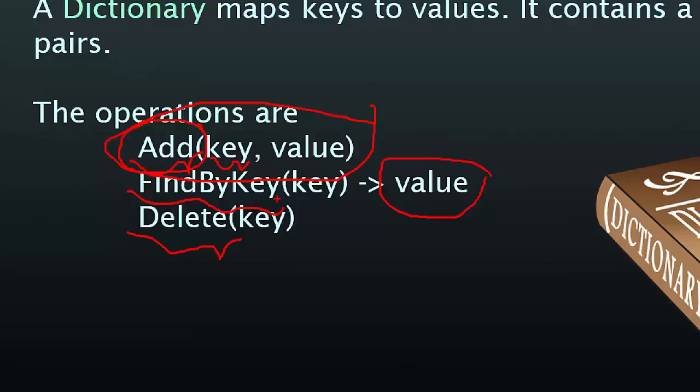How about find by key? How many steps do you think it takes? Okay, you guess you have to go through the entire collection, which is true if you were to use a list. If you implement a dictionary with a list, you would really have to, in the worst case, go through all of the elements to find your value. But the way that it's normally done is with hash tables, which we are going to be looking at now, and it's a very, very clever method of storing your keys and the corresponding values.